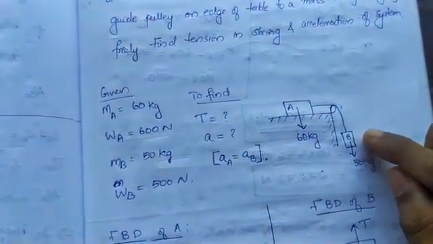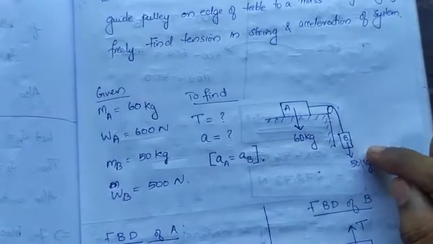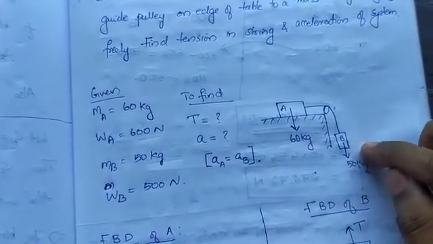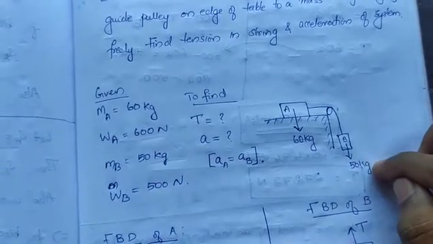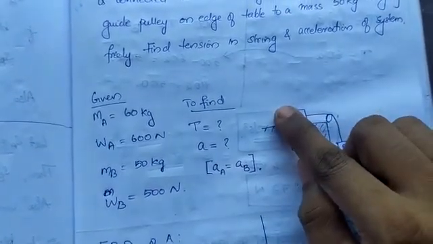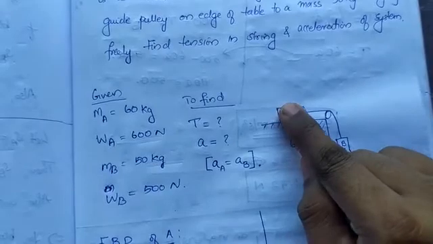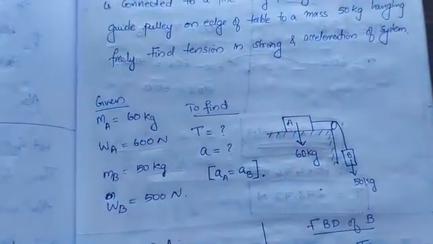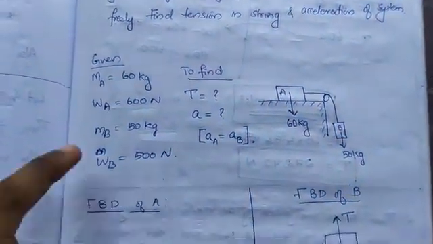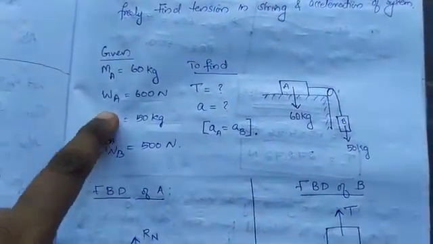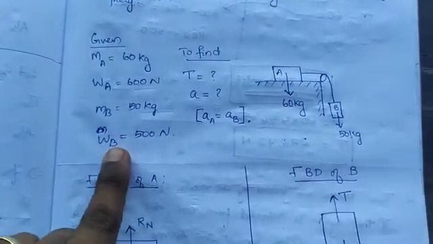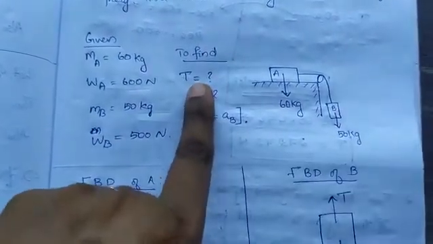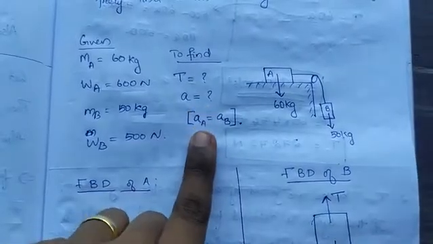So we assume that the acceleration is going to happen in the downward direction, then A will follow the same and go in this direction. The given data are the mass of A, from which we can find the weight of A, and the mass of B, whose weight can be found out. You need to find the tension and the acceleration.